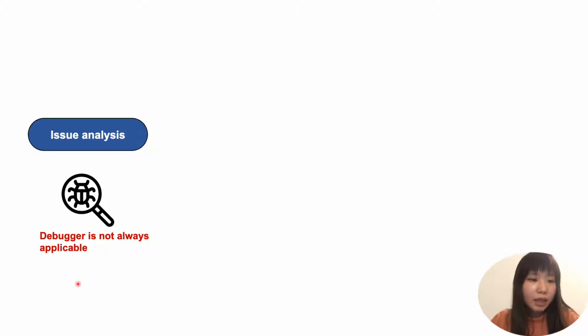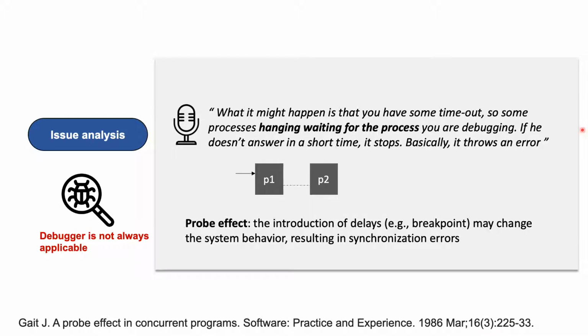This is because in the context of a concurrent program, the traditional debugger is not always applicable. As explained by the developers, ASML systems are time constrained with concurrent design. There are multiple processes running concurrently. They communicate with each other at certain points.